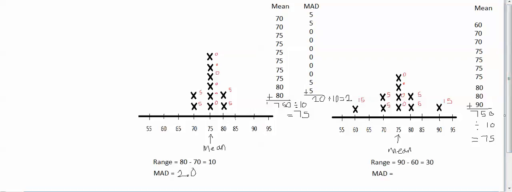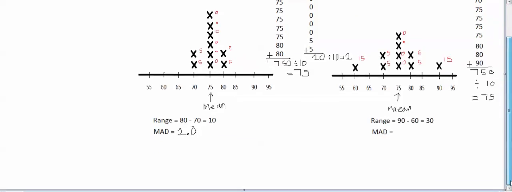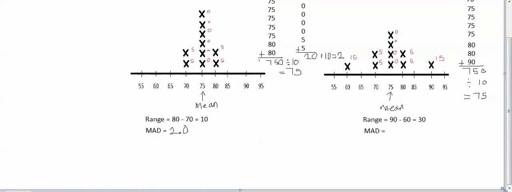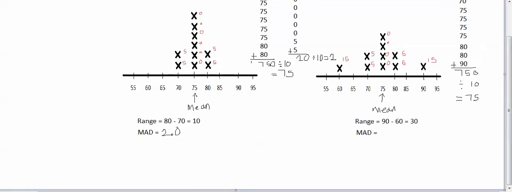Let's look at that to see it happen. So let's calculate the MAD of this second class.